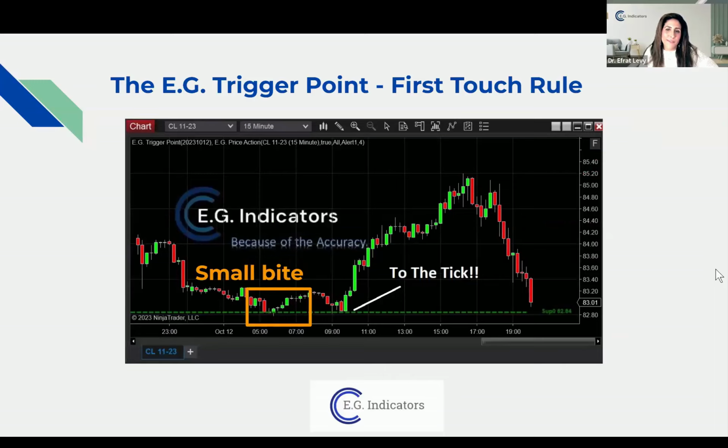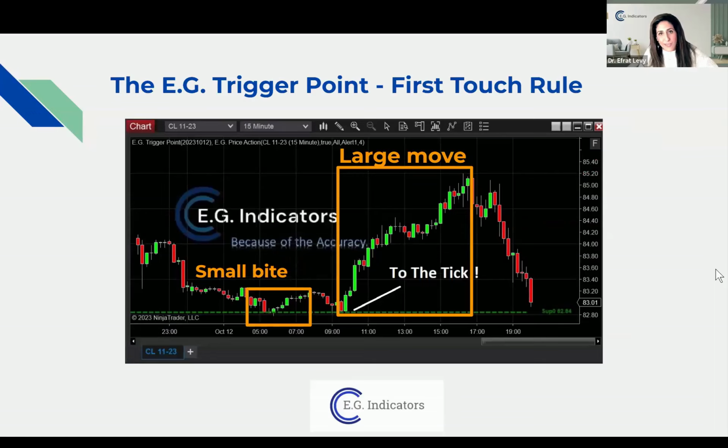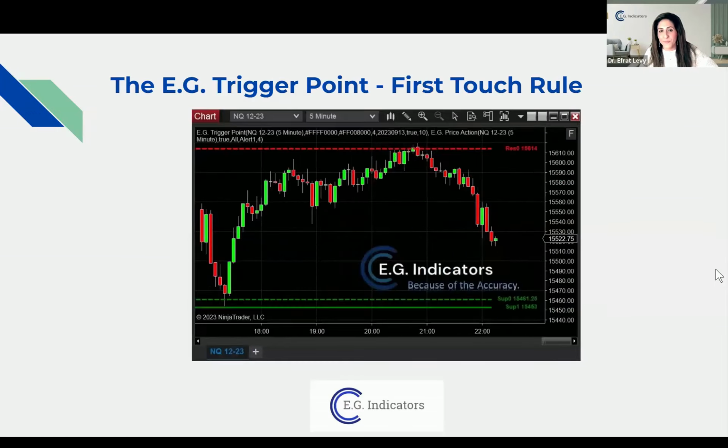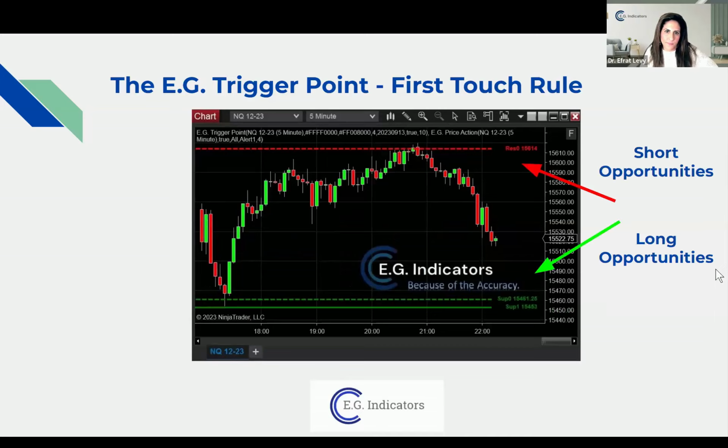Sometimes the market gives us a small bite, but sometimes even more than that, large moves. So the first touch rule is basically used in a reversal strategy, meaning that in the first touch rule, the red levels are short opportunities and the green ones are long opportunities.